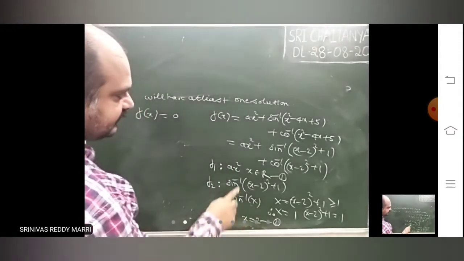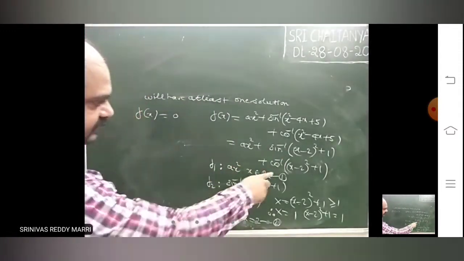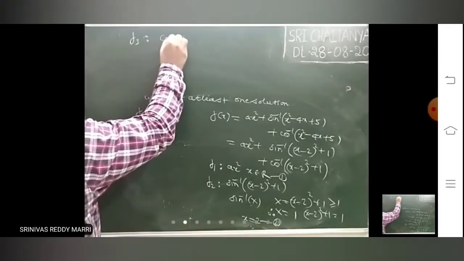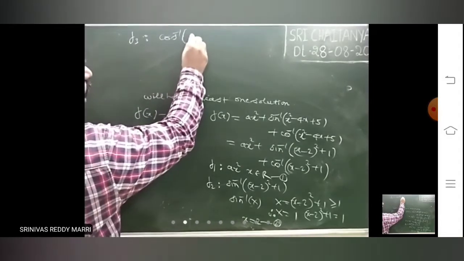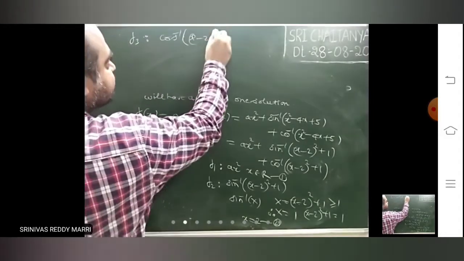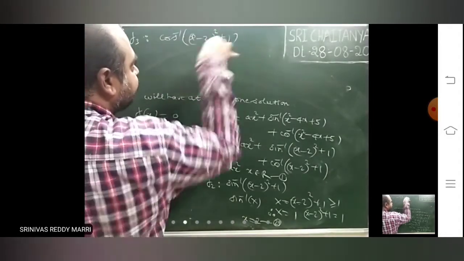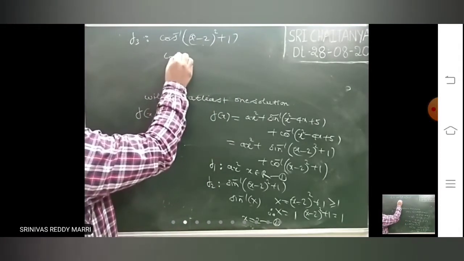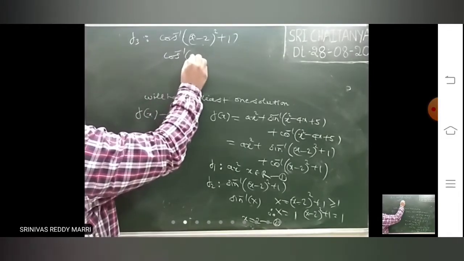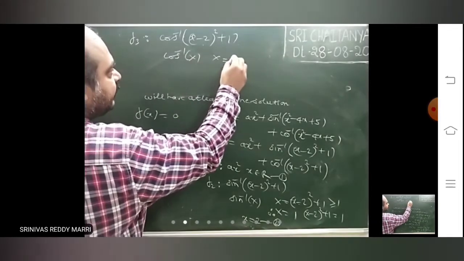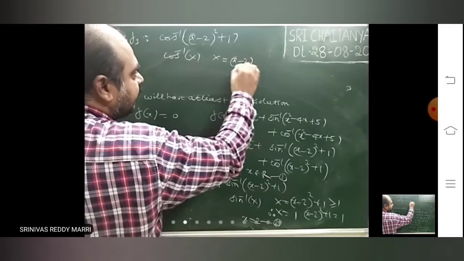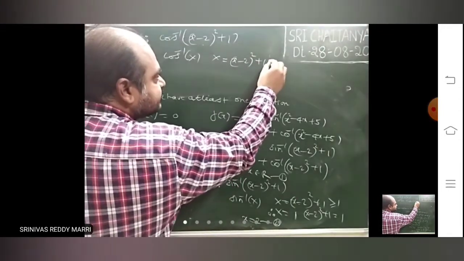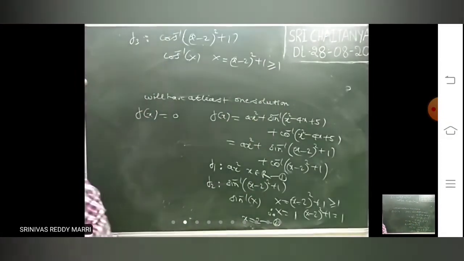So this is F1, this is F2, this is F3: cos inverse of x minus 2 whole square plus 1. Where capital X is x minus 2 whole square plus 1, this is also always greater than or equal to 1.